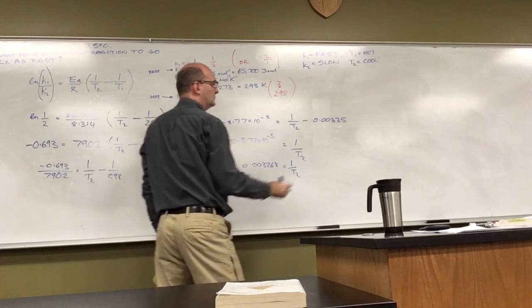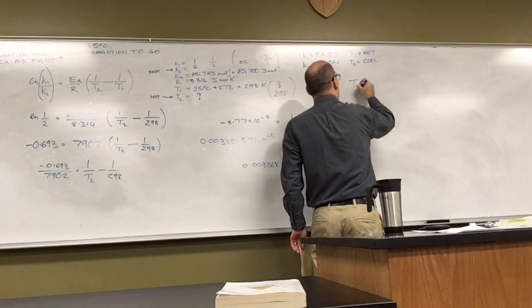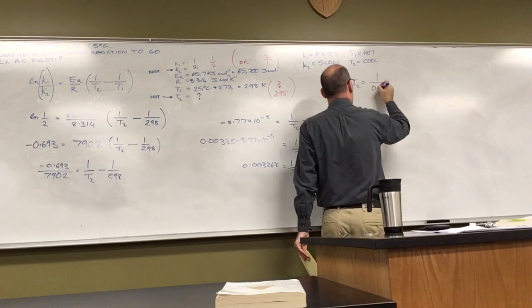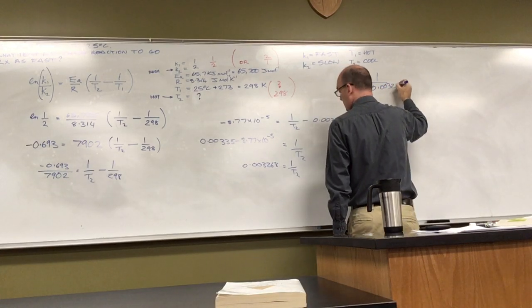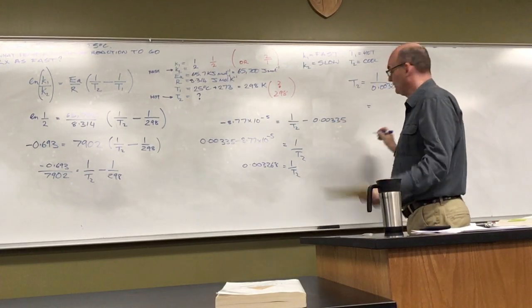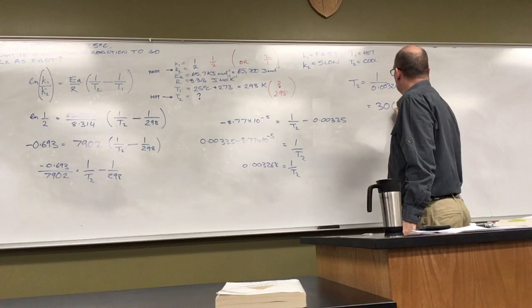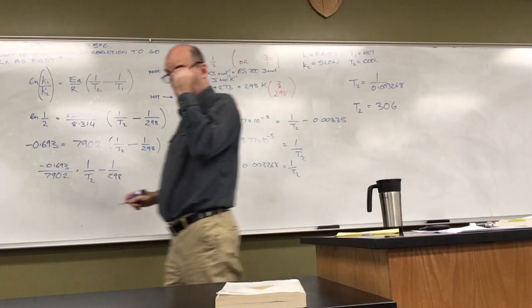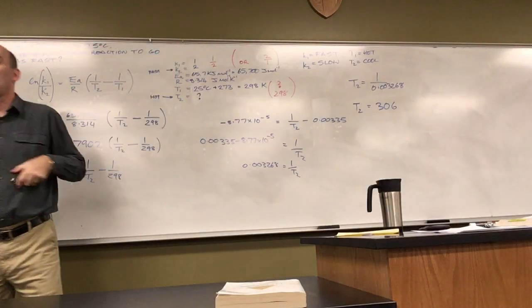Switch this around. Therefore, T2 is 1 over 0.003268. T2 equals 306. 306 what?